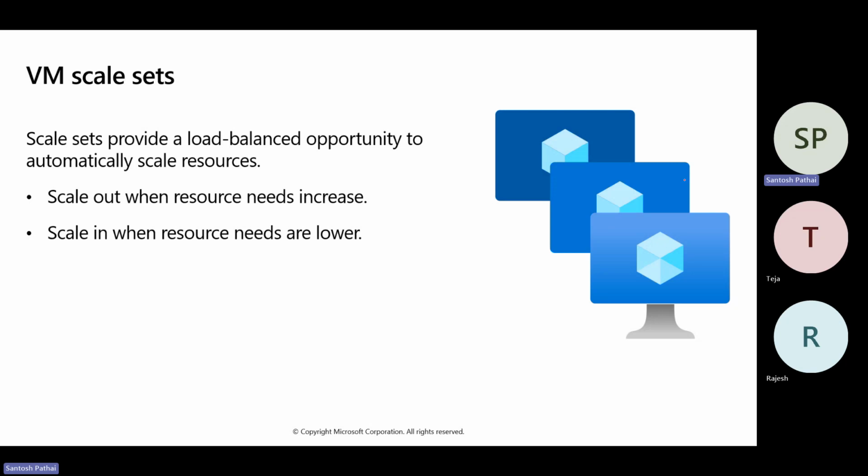Let's say, for example, you have deployed a web server on a virtual machine. At present, it has a normal load of 500 to 1000 users a day. Now suddenly the load increases because of the festive season or any other reason. What will you do? You can't wait until the resources are fully utilized and then spin up another virtual machine, configure it, and then go ahead.